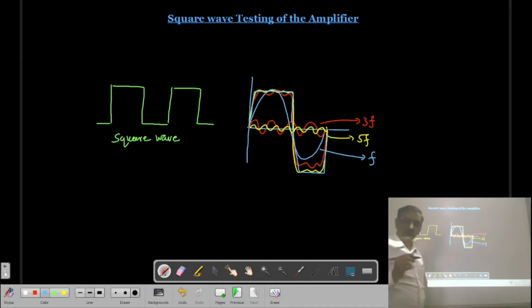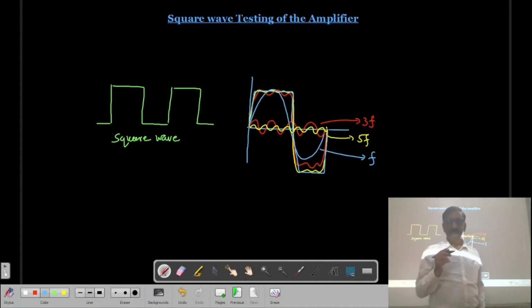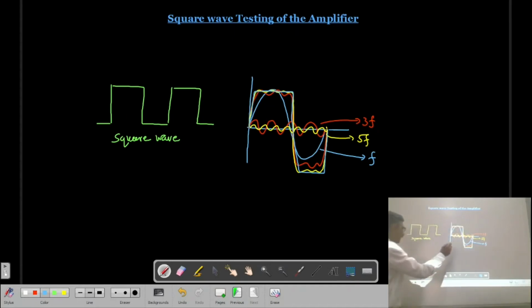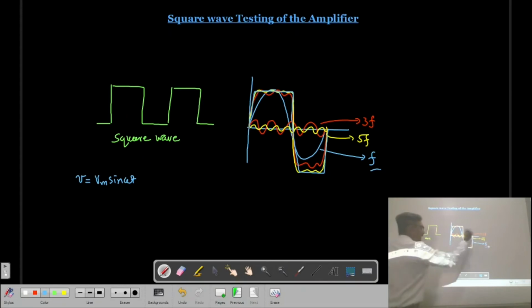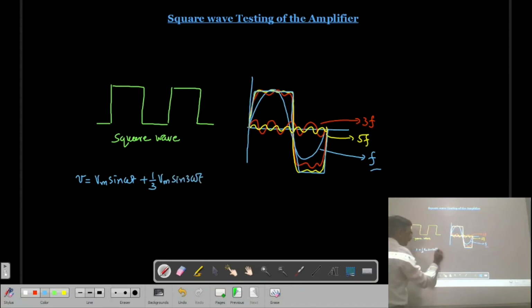So the square wave consists of all the odd harmonics, and mathematically the square wave is written as V equals Vm sine omega t, that is my fundamental frequency f. Then we add a third harmonic, 1 by 3 Vm sine 3 omega t.